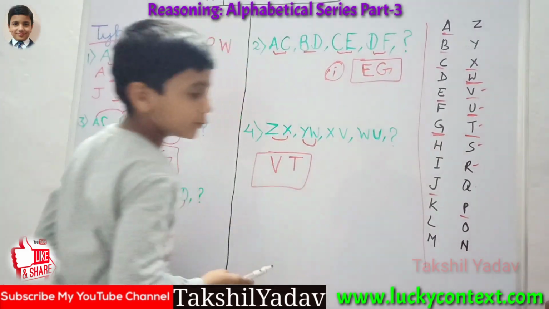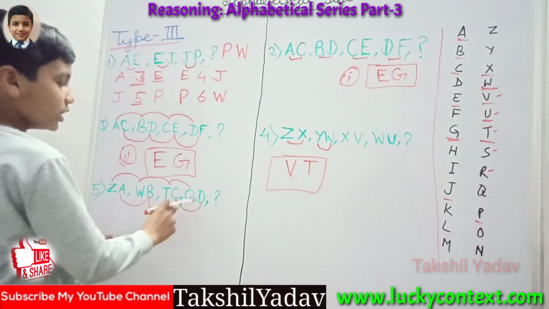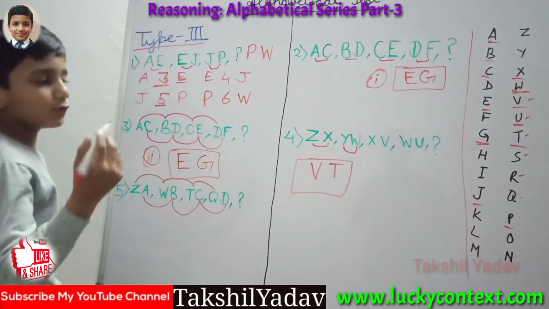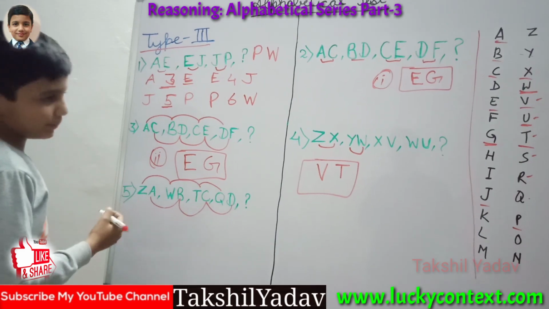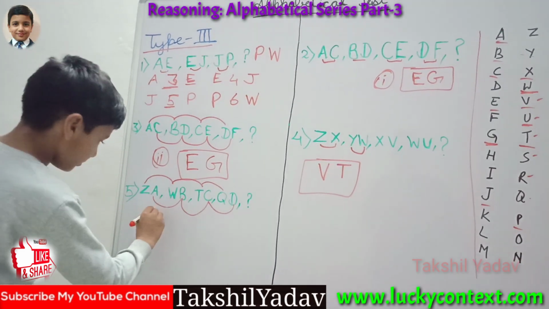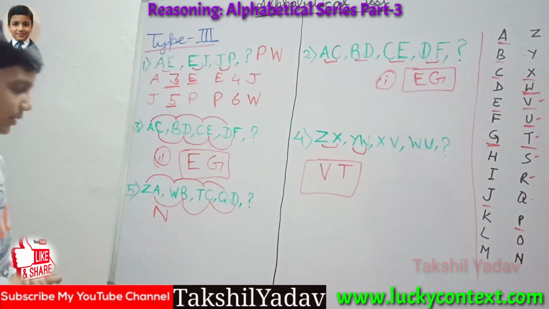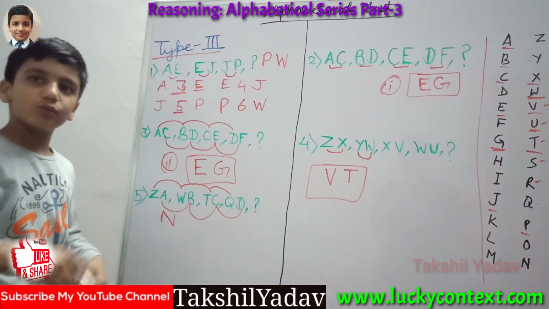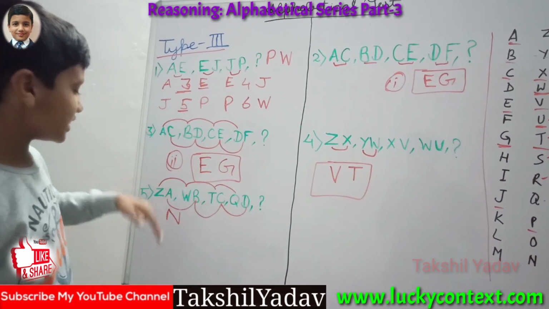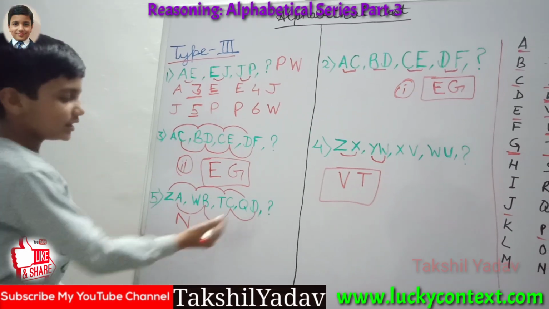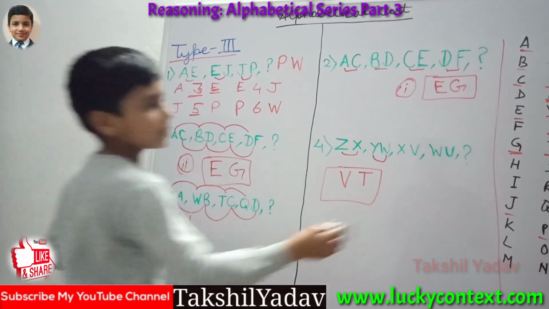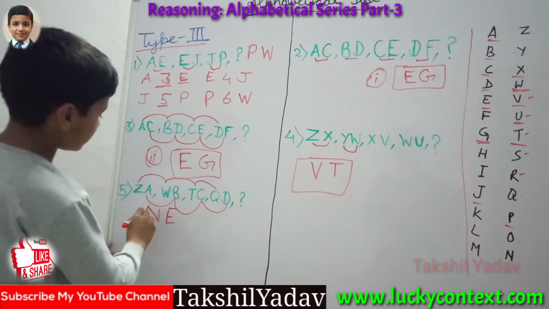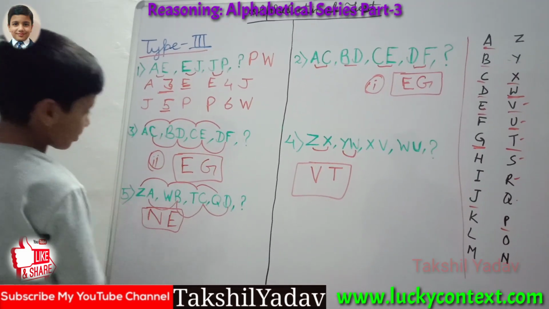TQ, again a gap of 2 letters. So the first letter of the answering pair will be N. And then comes A, B, C and D. They are constantly the forward letters. So after D we have E. So our answer will be NE.